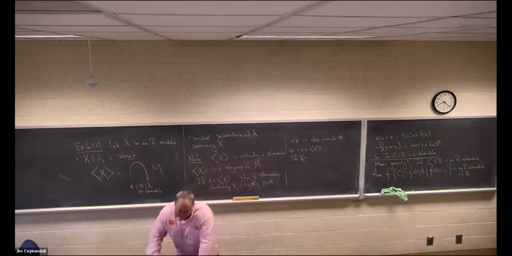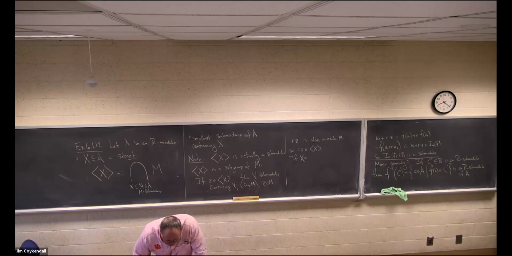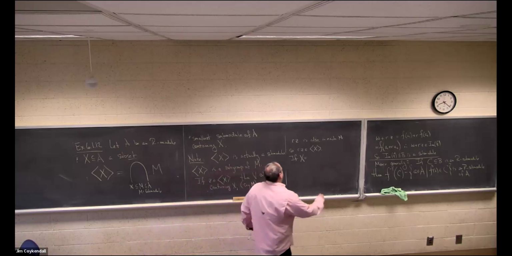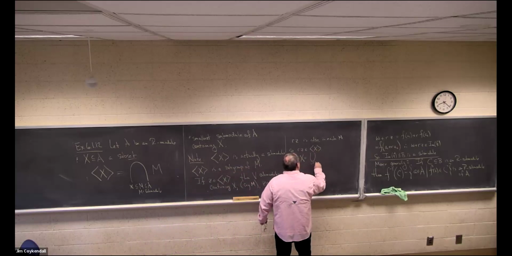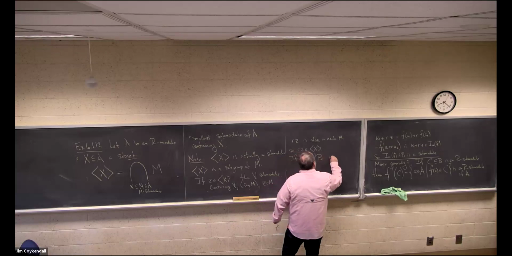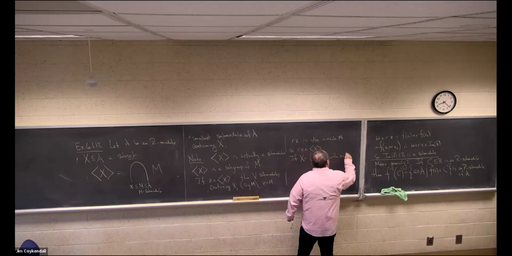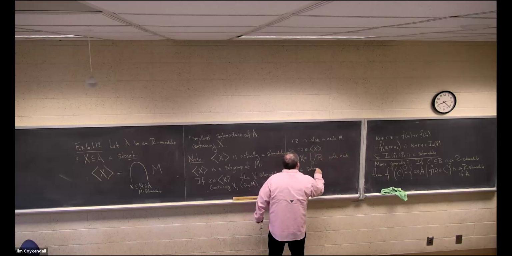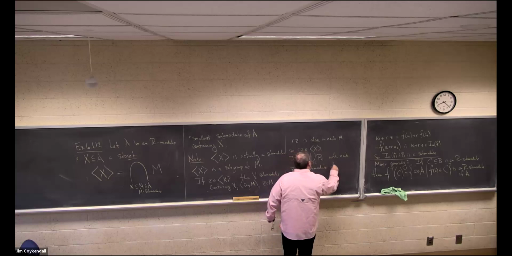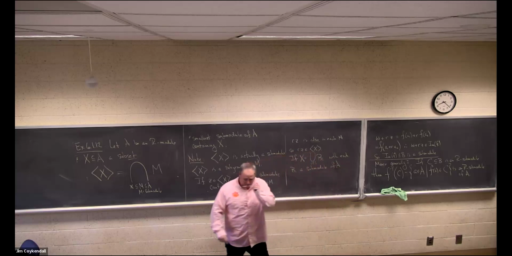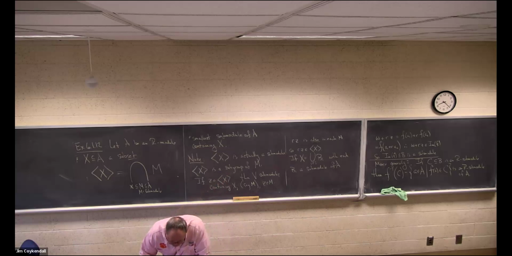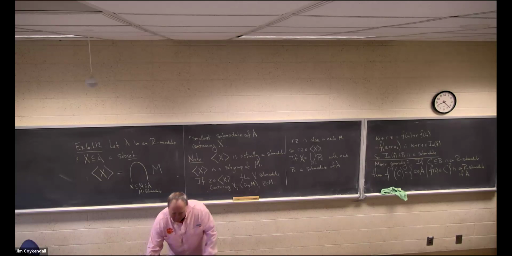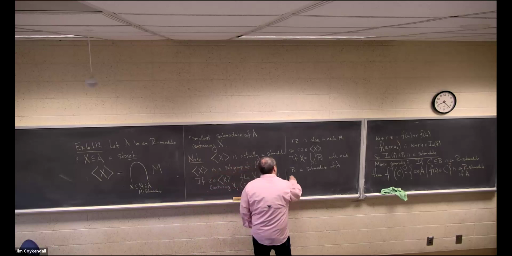If X is the union of B_i's, i in some index set, with each B_i a submodule of A, then the submodule generated by X is called the sum of the B_i's.